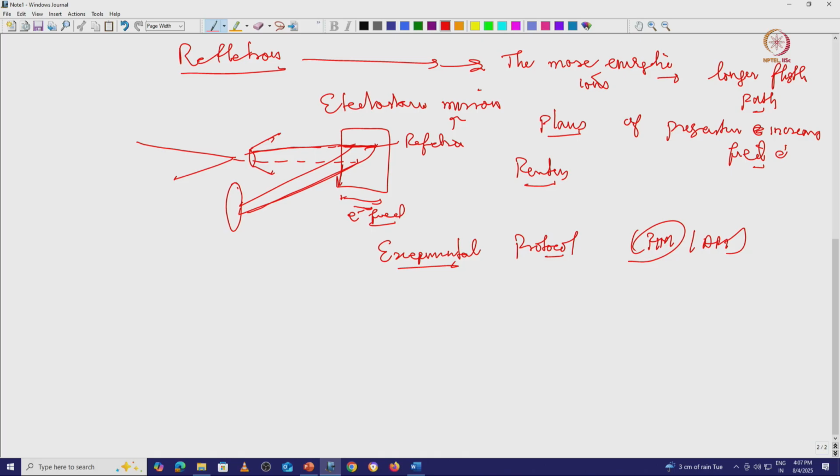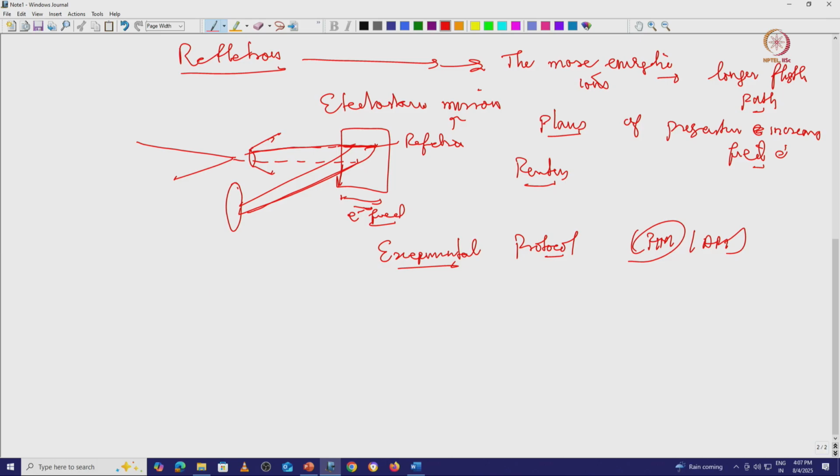First we'll talk about FIM, the basic protocols. We introduced field ionization in a couple of classes before. So what is the exact procedure?